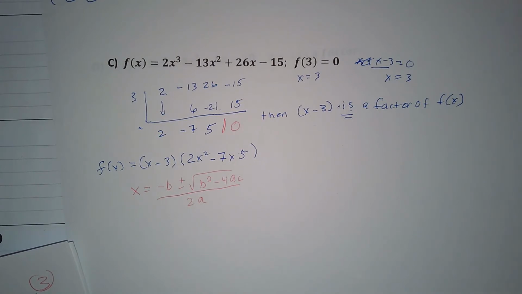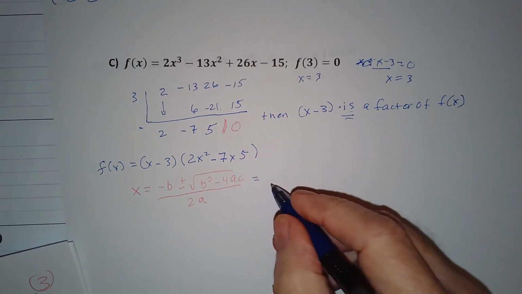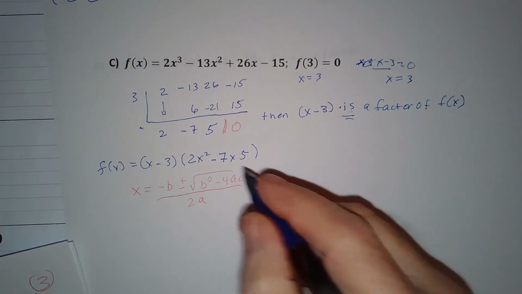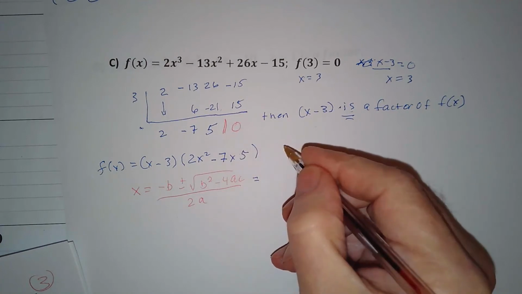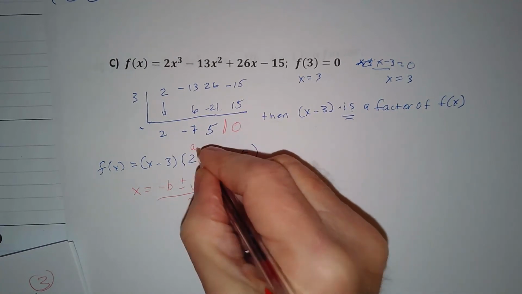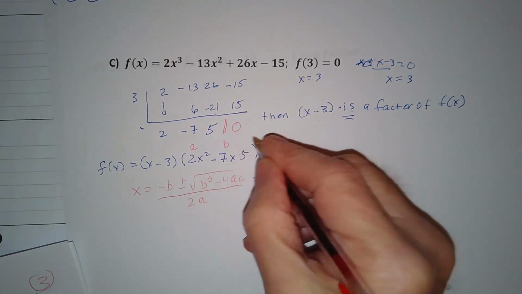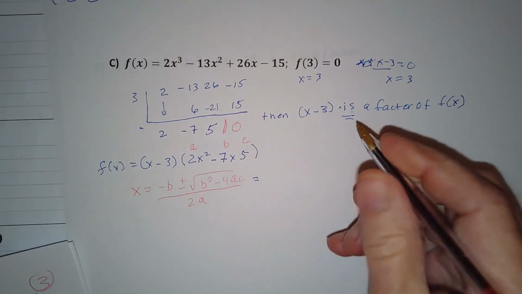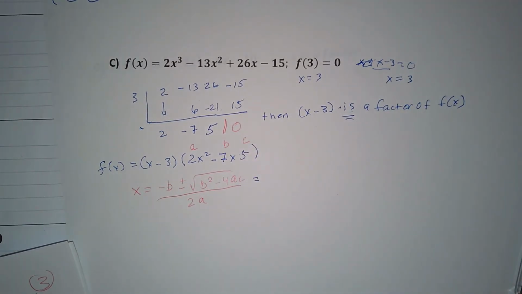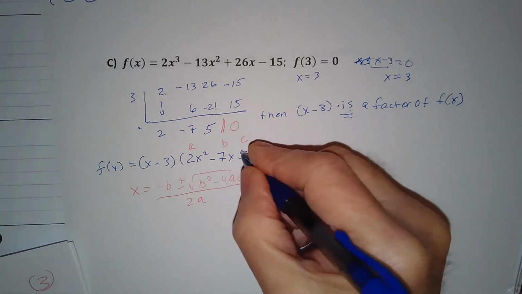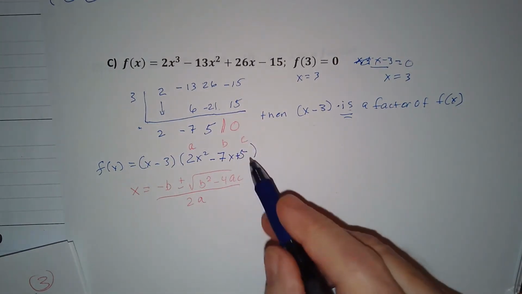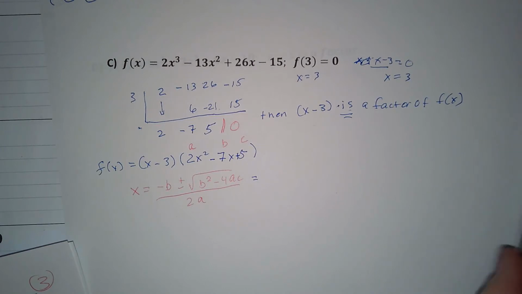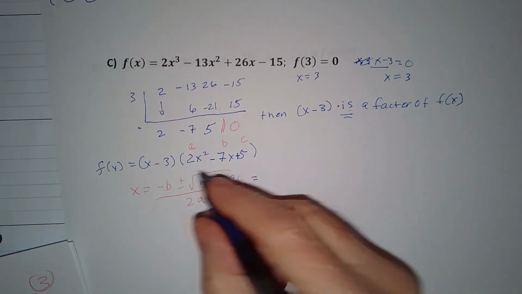So in this case, we're going to fill in the information that we've got. So where is our A, B, and C? Remember, in this case, that 2 is going to be your A, 7 is going to be your B, 5 is going to be your C. And somehow or other, I forgot the plus sign there. Okay, so we've got, let's see here.